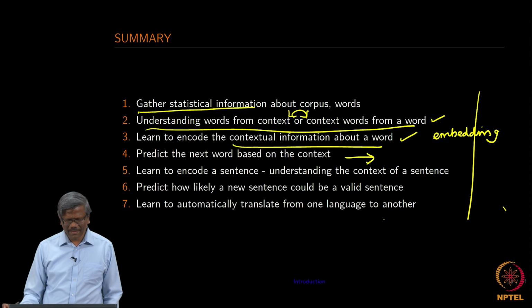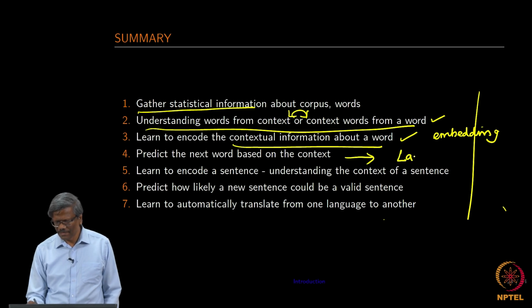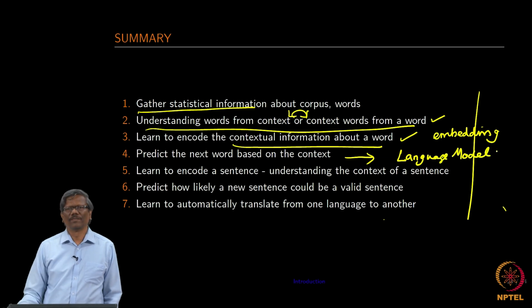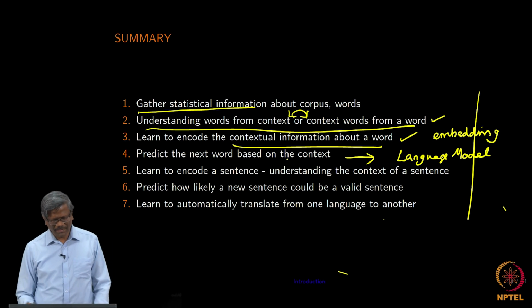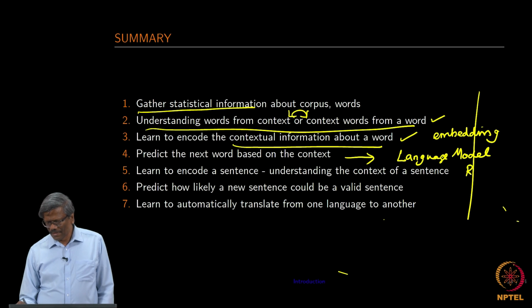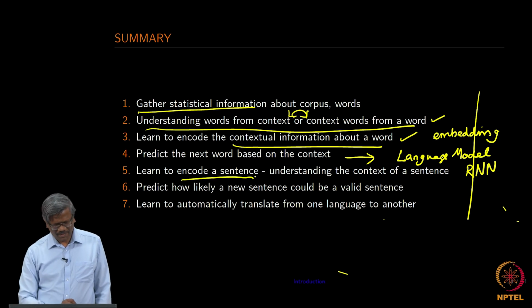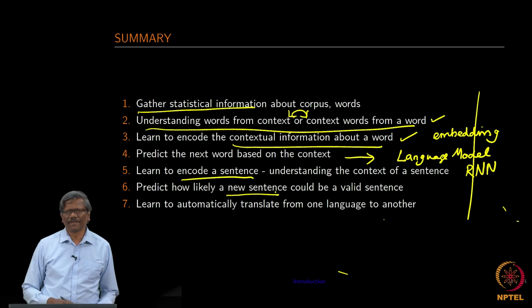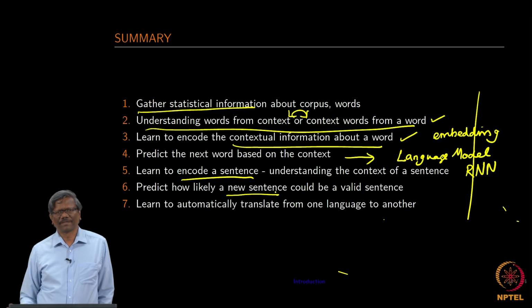And then predicting the next word. That is where we bring in the language model. We try to build the language model, which will try to predict the next word based on the context, and then learn to encode a sentence, understanding a sentence. So, we said we require sequence learning, and then we use a model called RNN to encode a sentence. And then we use the same model to predict how likely a new sentence could be a valid sentence.